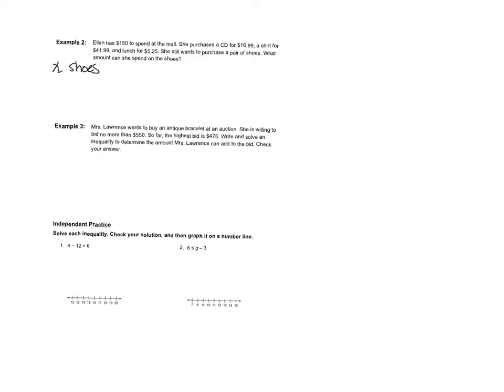The total amount that she can spend is $150. And what she has spent already, we can add those up. That was the $41.99, $16.99, $41.99, and $5.25. So we'll get the total of those.